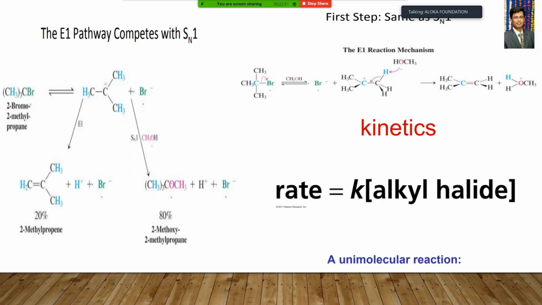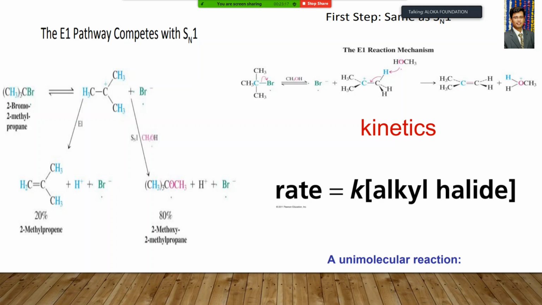If the base is strong, it will undergo elimination, and these are temperature dependent reactions. At low temperature you get an SN1 reaction, and at high temperature you get an elimination reaction. It was found that, similar to your SN1 reaction, the rate of reaction depends only upon the formation of your carbocation, that is alkyl.